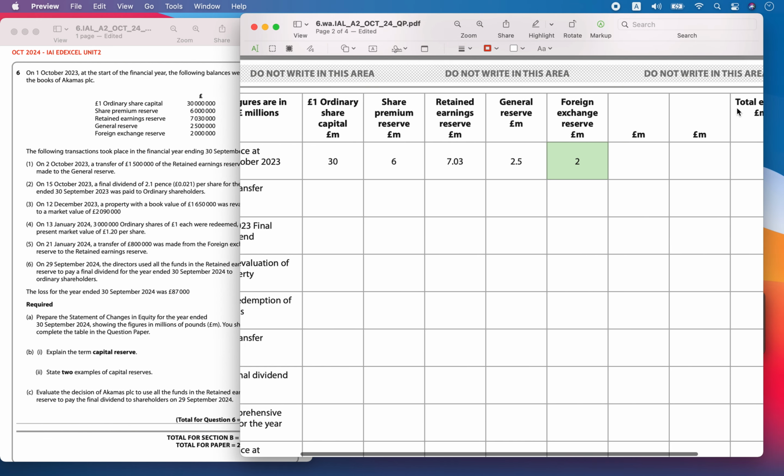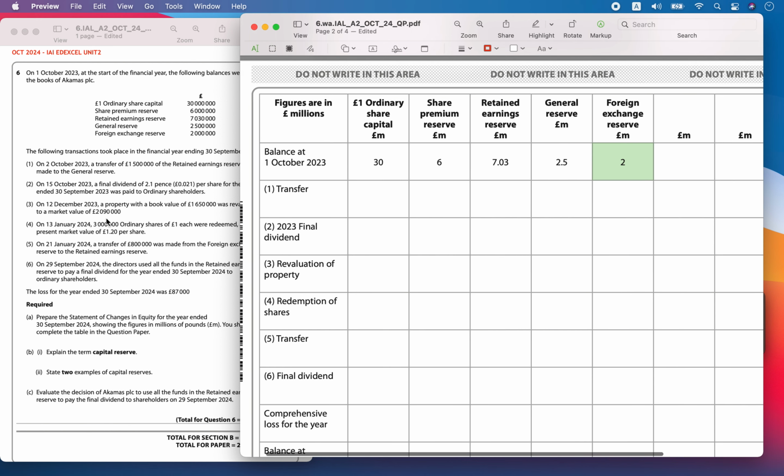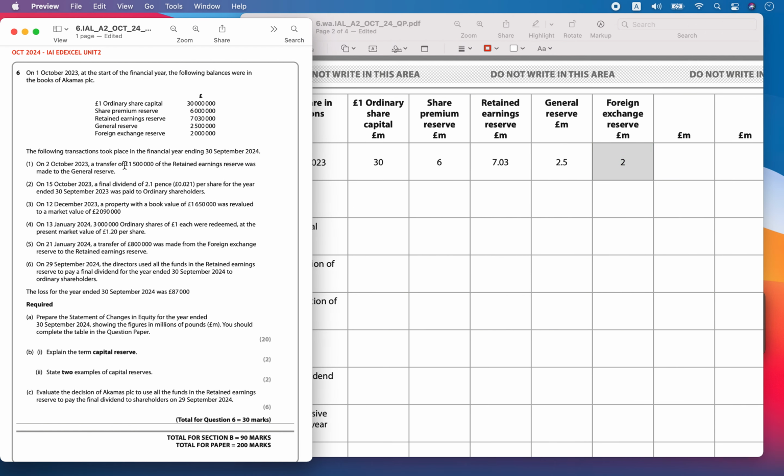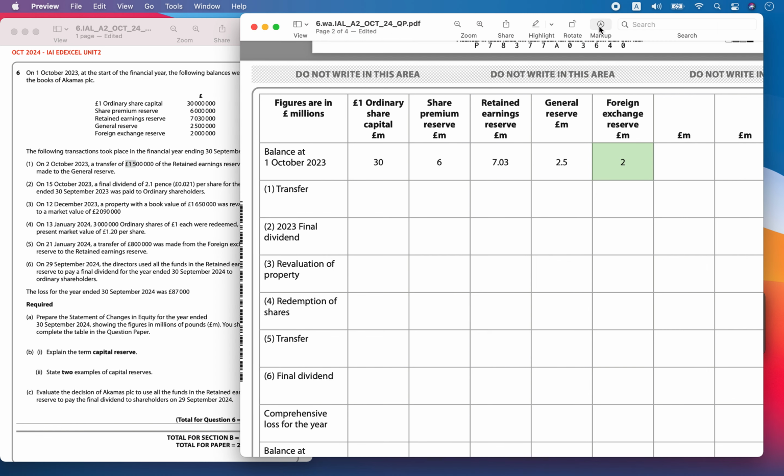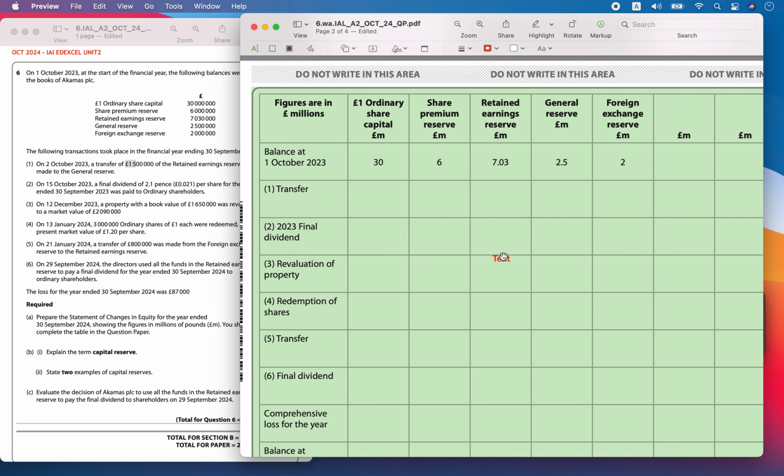Now we have to see what other changes are happening. First, a transfer of 1.5 million from the retained earnings reserve was made to the general reserve. So let's calculate this.